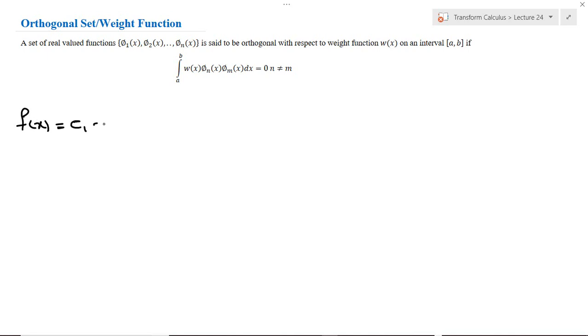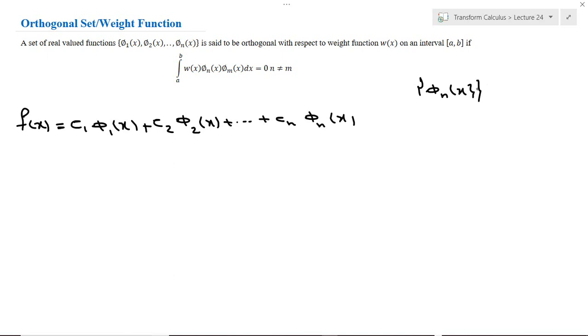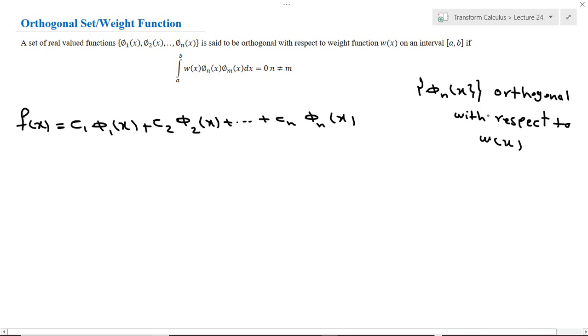So I can say that it's equal to c1 phi 1(x) plus c2 phi 2(x) and so on, plus cn phi n(x), and in this case the series of phi n(x) is orthogonal with respect to w(x). Now c1, c2 up to cn are unknown, so we have to find them.